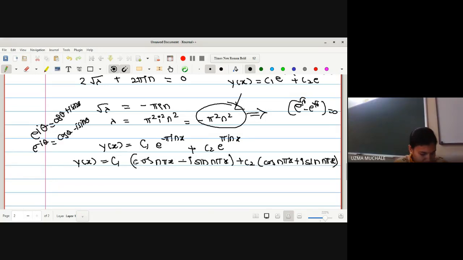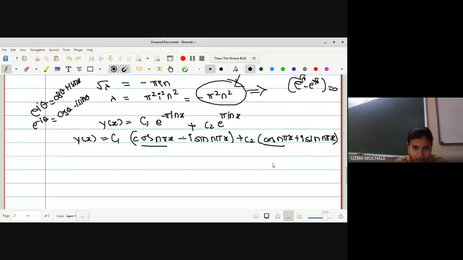Now what we can do is take c1 and c2 common with cos of n pi x. This is cos n pi x. This is also cos n pi x. Okay. So if I take cos of n pi x outside, what will remain inside the bracket? C1 plus C2.